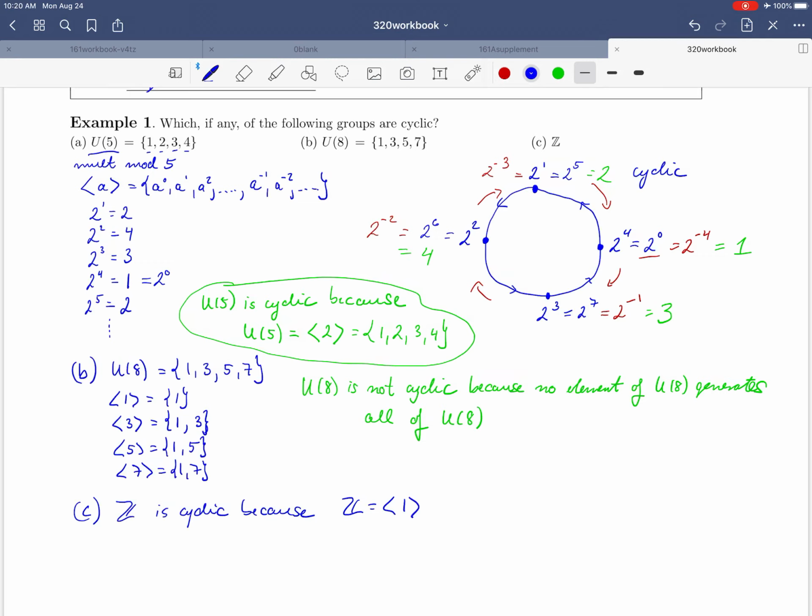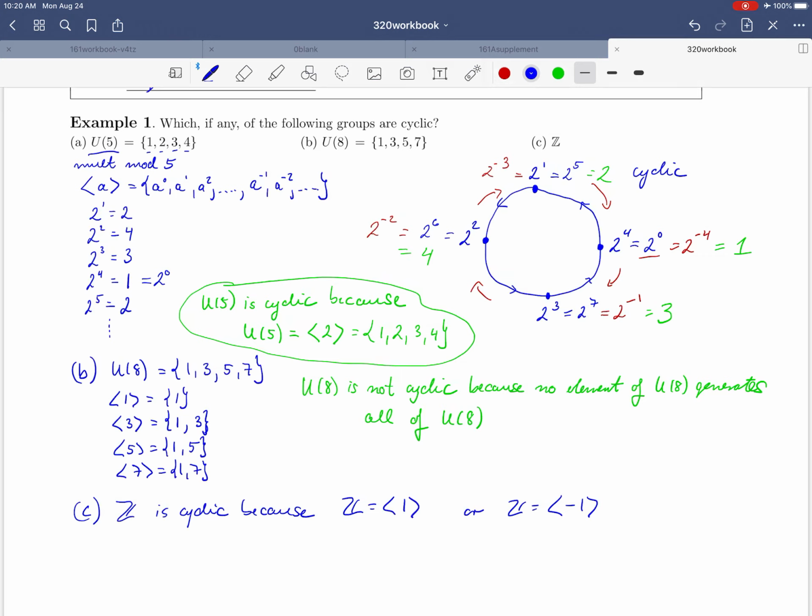The identity here would be 0. 0 is the identity for the integers under addition. But the element 1, you can add repeatedly, or you can look at inverses and you get all the other integers. There is one other generator, and that would be, oops, wrong notation. I want my bracket. That is -1. That would also work. So we have 2 generators for the integers right here.